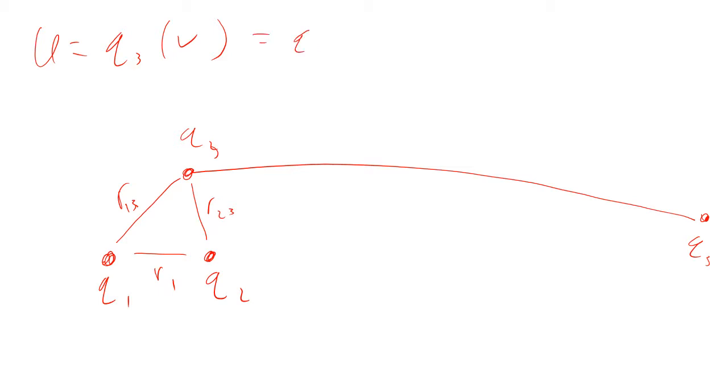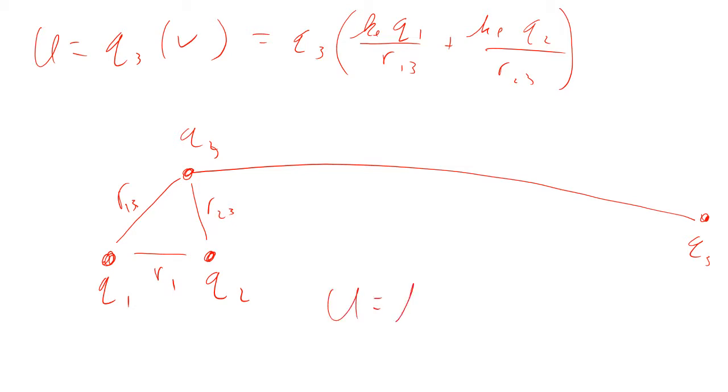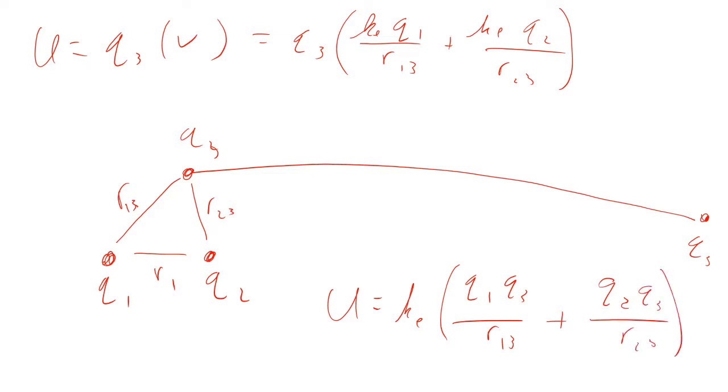Well, that means it's going to be Q3 times K Q1 over R13 plus K Q2 over R23. So in other words, the energy would be equal to K Q1 Q3 over R13 plus Q2 Q3 over R23. Okay, so that's the energy that it took to bring that charge in.